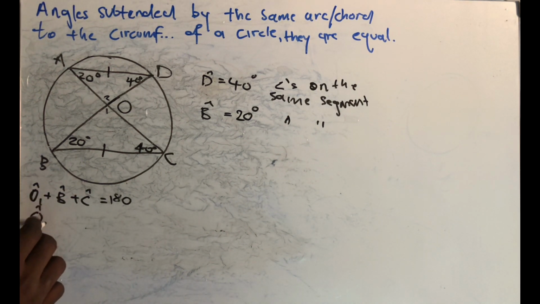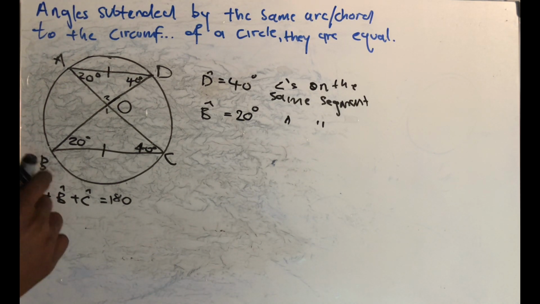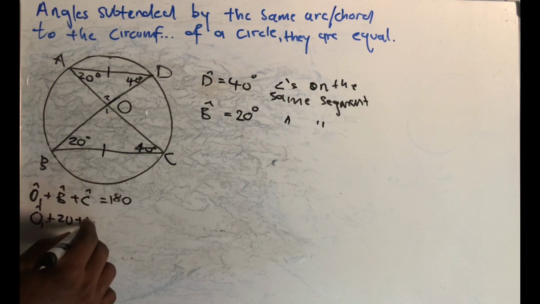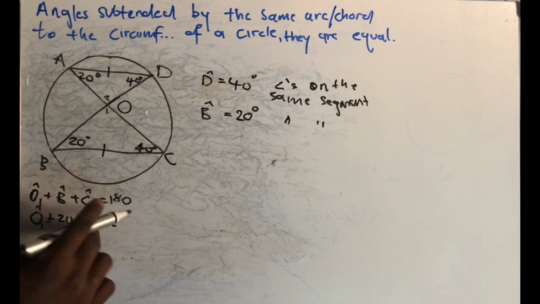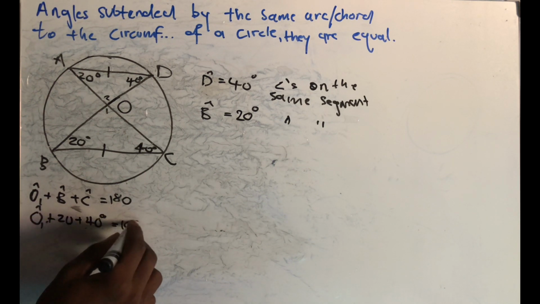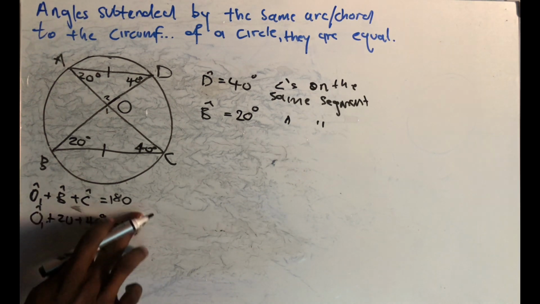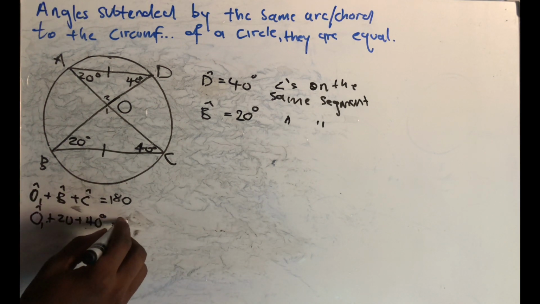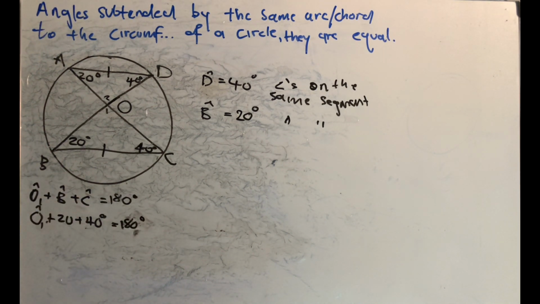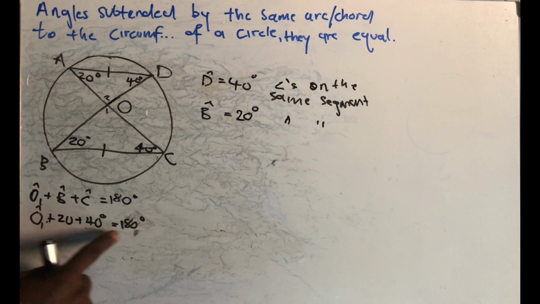Angle O1 plus angle B, which is 20, plus angle C, which is 40 degrees, equals 180 degrees. So 20 plus 40 is 60.